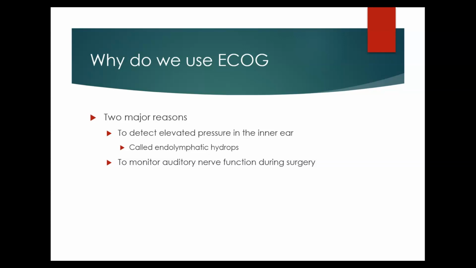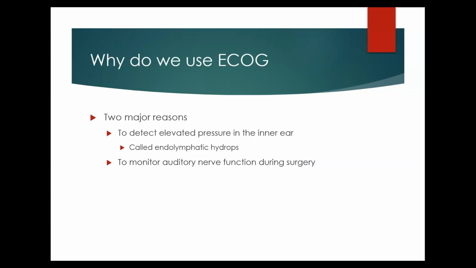And so what happens in endolymphatic hydrops is there's too much pressure, too much buildup of endolymph in the cochlear duct. And so when we evaluate, we're able to measure that overproduction. So that's really the clinical use that most audiologists use.